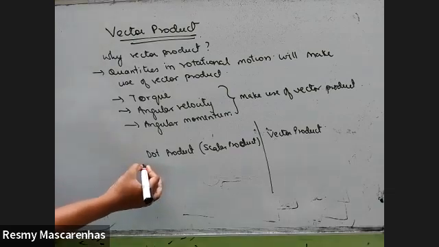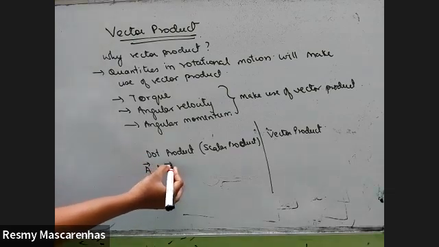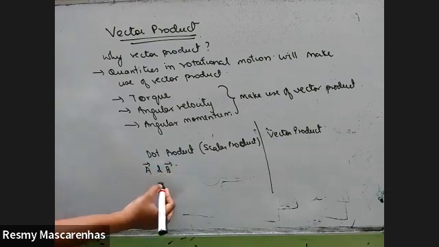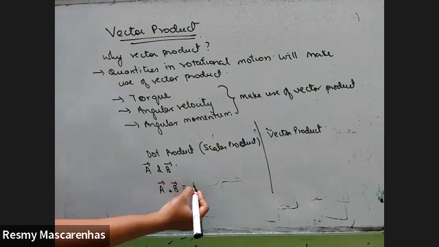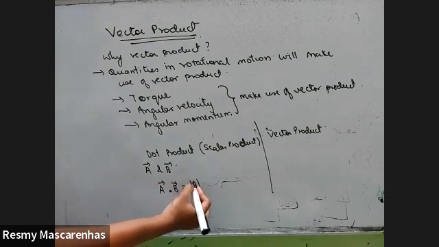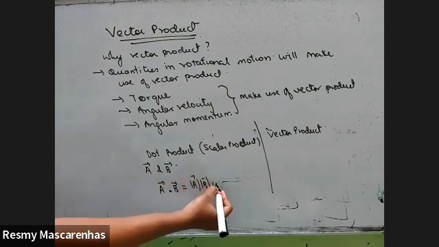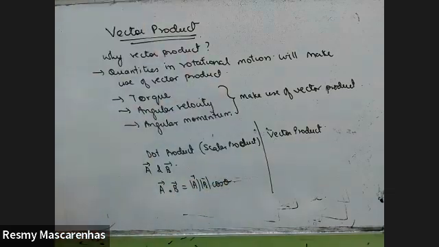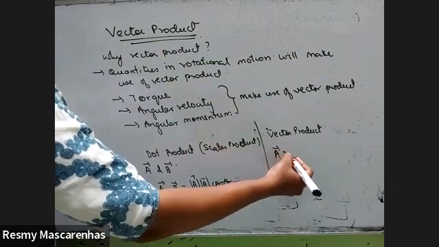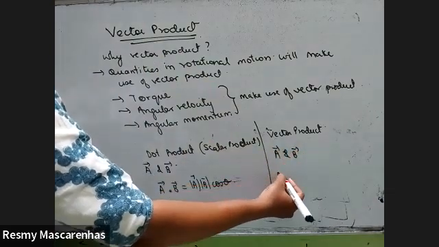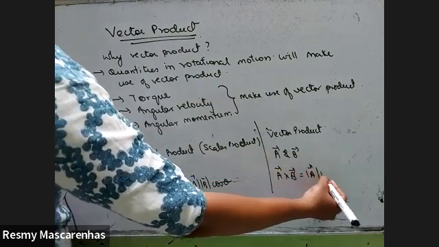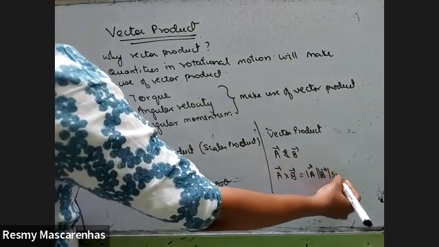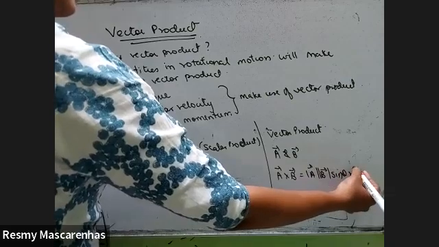If there are vectors A and B, the dot product is given as A dot B, and the formula is always magnitude of A, magnitude of B, cos theta. And for vector product, if you have the same vectors, then A cross B is given as magnitude of A, magnitude of B, sine theta into n cap.